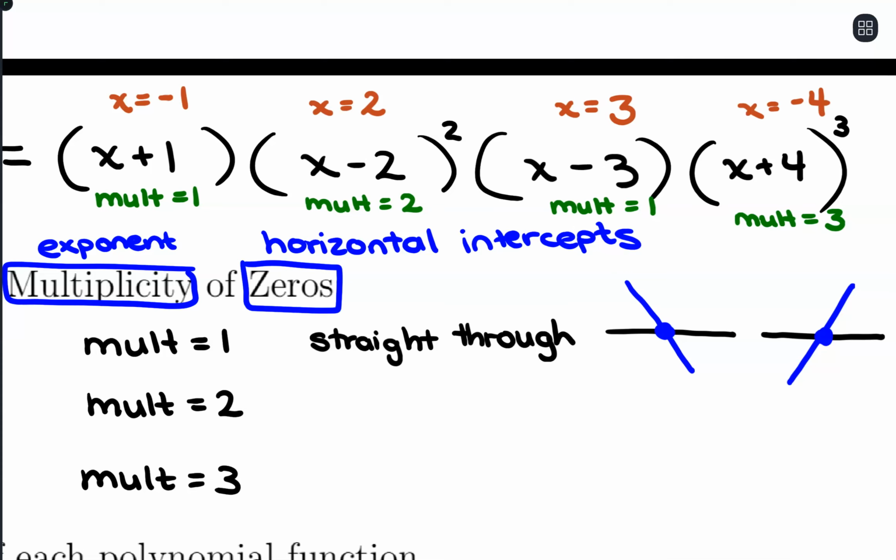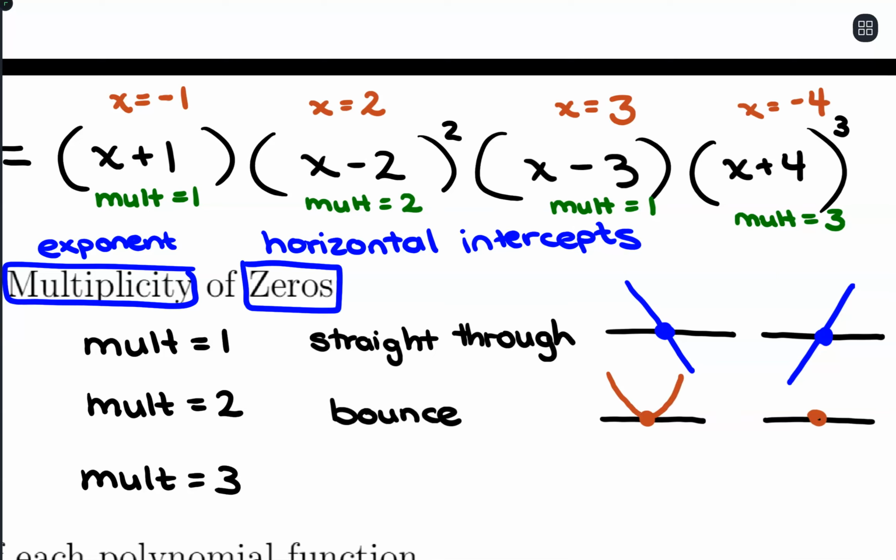If we have a multiplicity of 2, or really an even multiplicity, it creates a bounce at those locations. There are 2 possibilities. Let's say I have my horizontal intercept. If I'm up above the x-axis, we come down, hit that horizontal intercept, and then go back up.